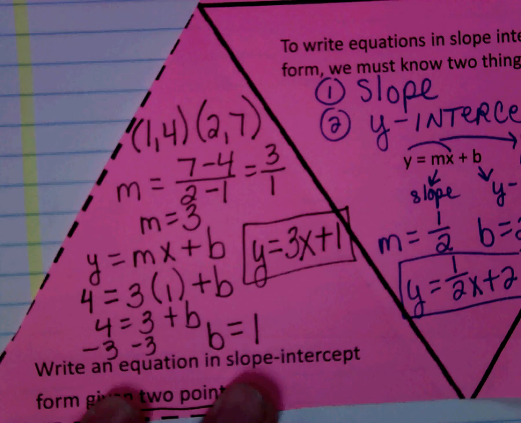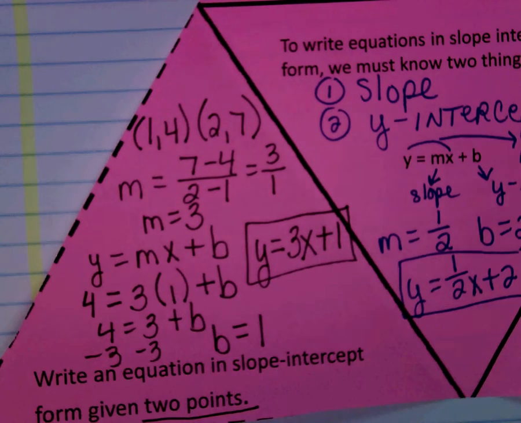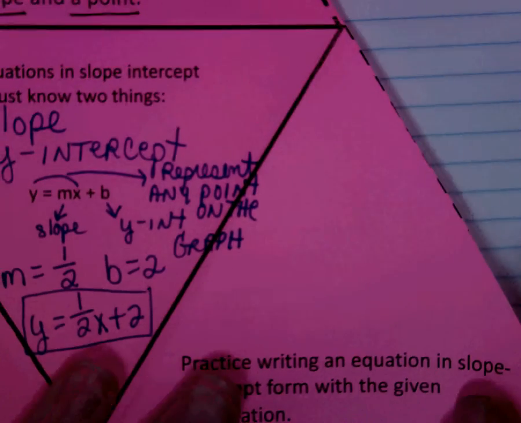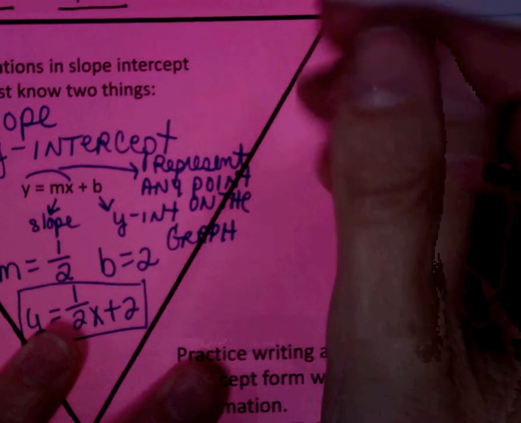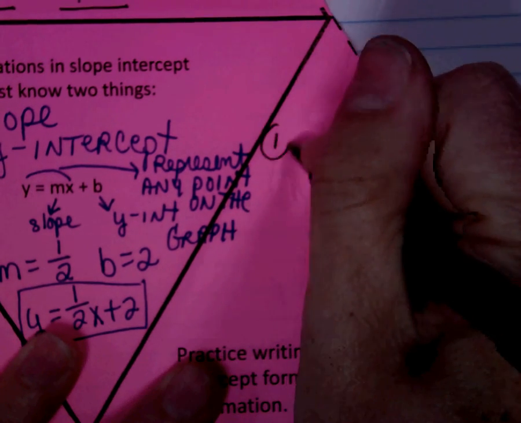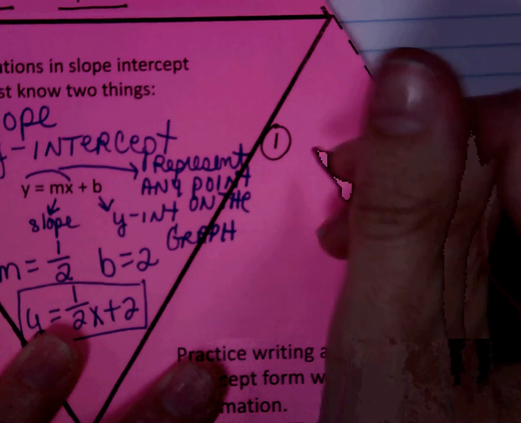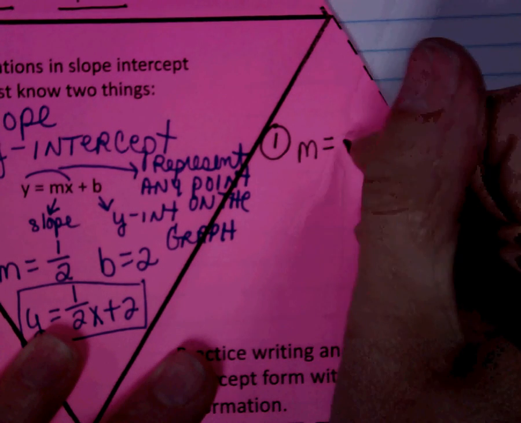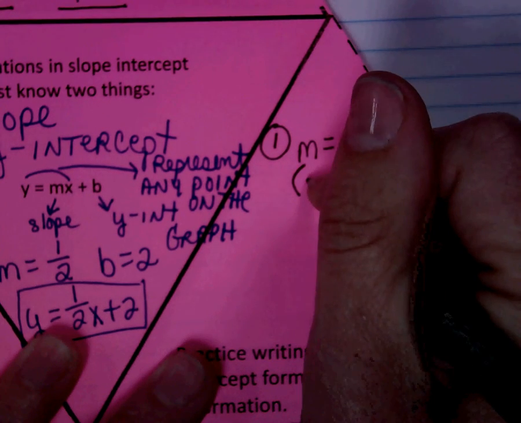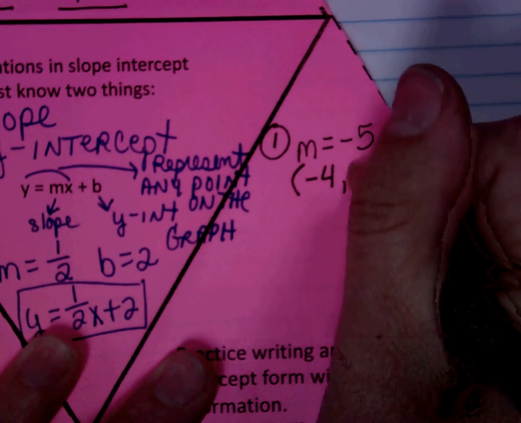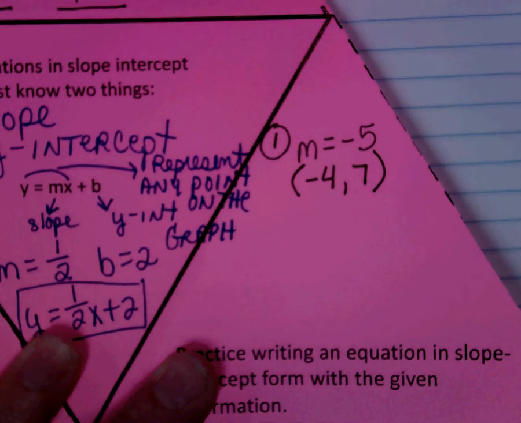Okay? What I would like you to do in the next triangle is try to practice a little bit on your own. So I'm going to give you two problems. Number 1, I'm going to tell you that the slope is -5 and our line passes through the point (-4, 7). And I want to see what you can do with that.